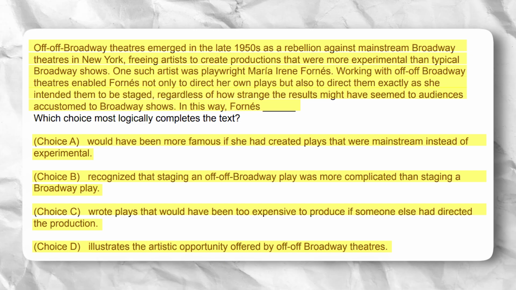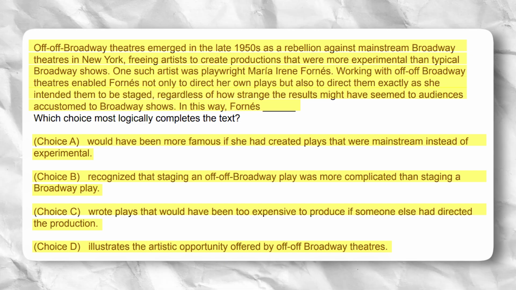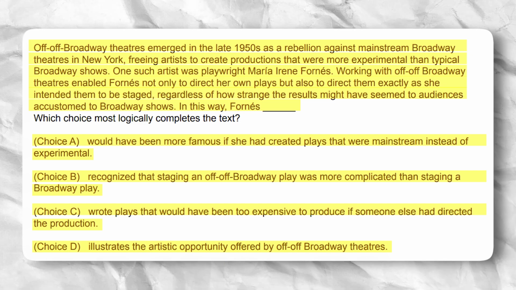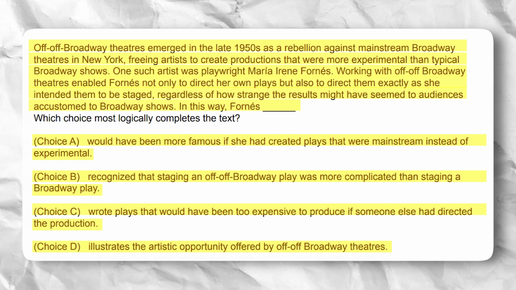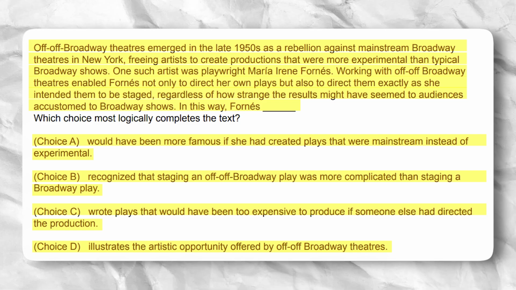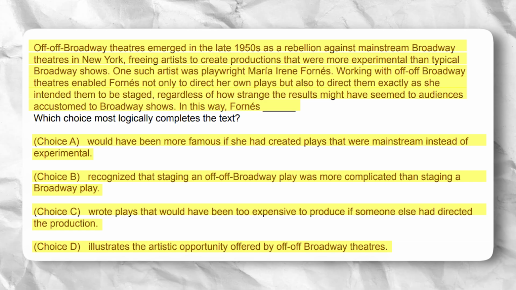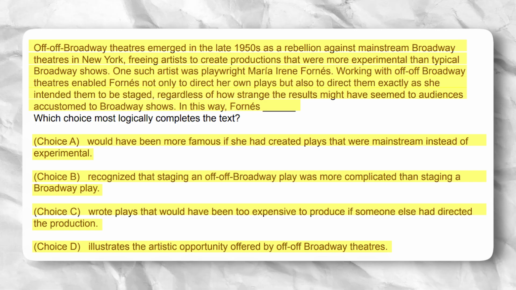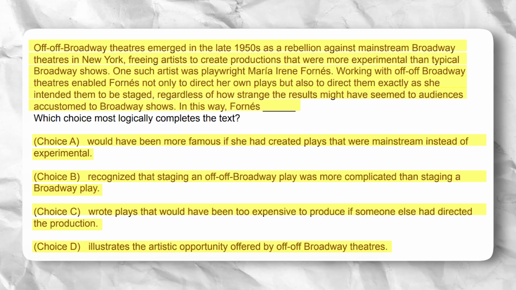Why? Because it just caters to the point that typically Broadway shows in New York freeing artists to create productions that were more experimental than typical Broadway shows, and normally when they do experimental stuff, obviously that's expensive if you are allowing other production people to chip into it, and if they participate in it, that could be expensive. We can't rely on the last one.